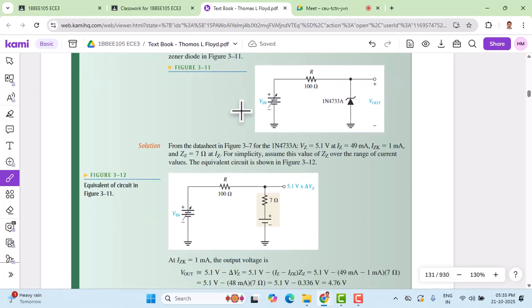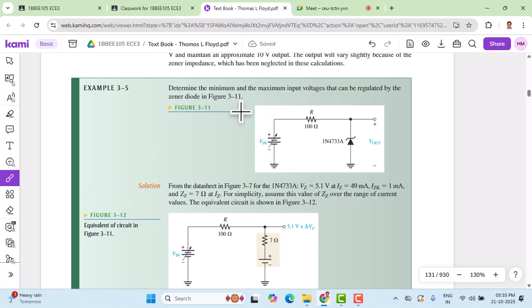All right, let's solve one example related to the topic that we have covered. This is example 3.5, let me read out the problem for you. Determine the minimum and maximum input voltages that can be regulated by the Zener diode in figure 3.11.